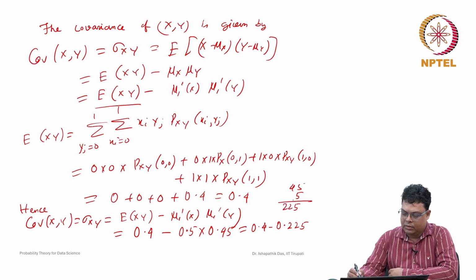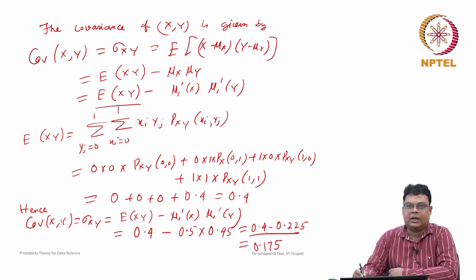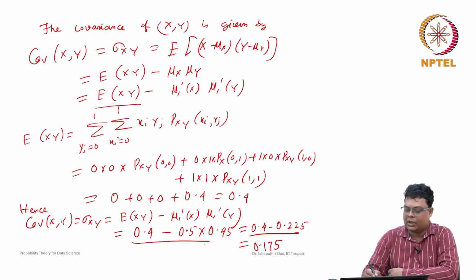So yeah, I think it is correct. You have to just check whether this will be 0.175. So please check whether this computation is correct. Basically you have to simplify this, and you may use a calculator also to find what the value will be.